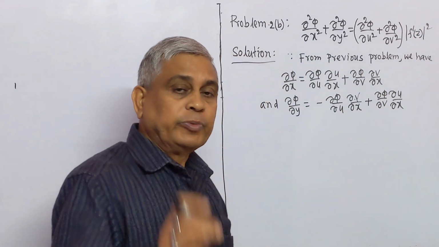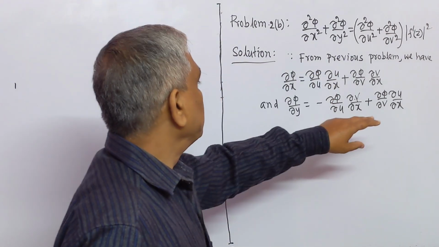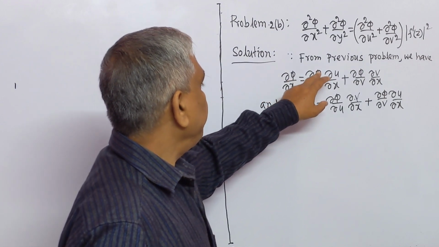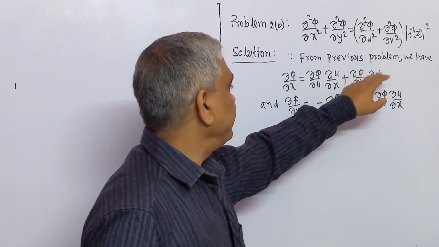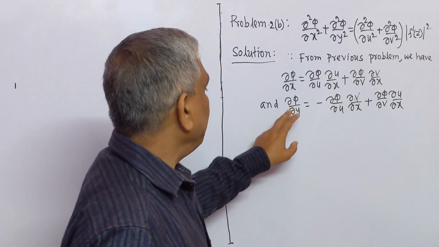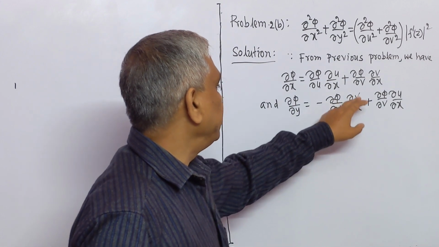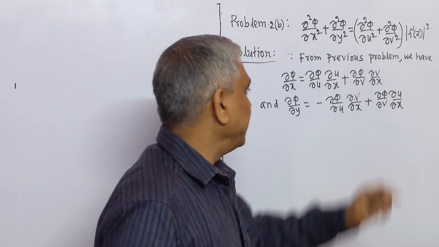Now we prove this. Since from previous problem we have del phi by del x equal to del phi by del u del u by del x plus del phi by del v del v by del x, and del phi by del y equal to minus del phi by del u del v by del x plus del phi by del v del u by del x.